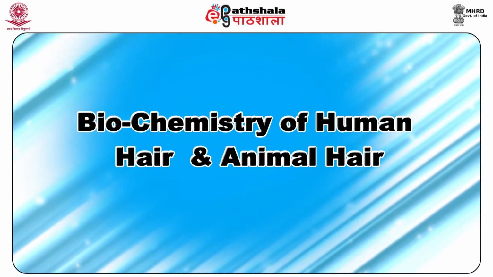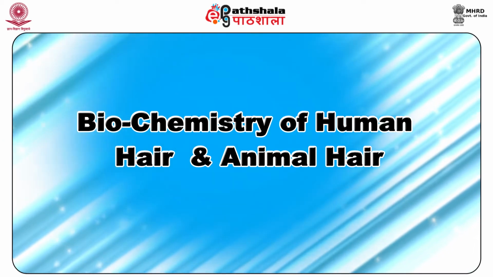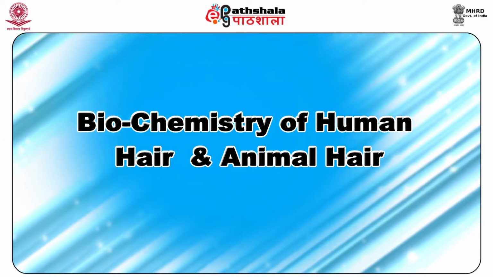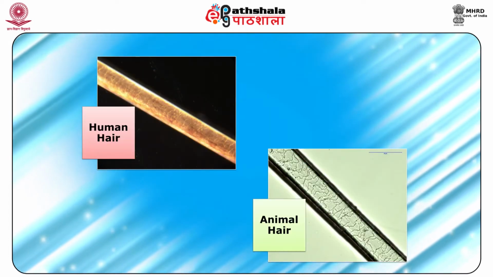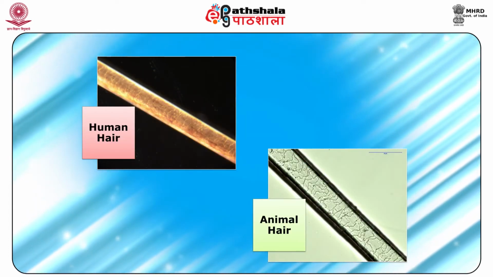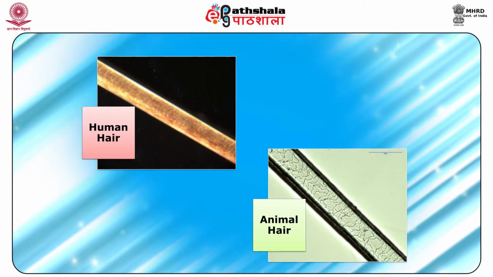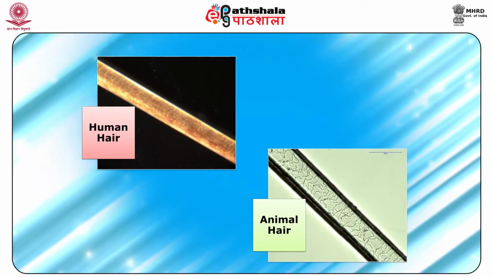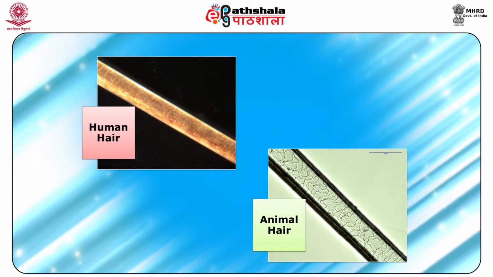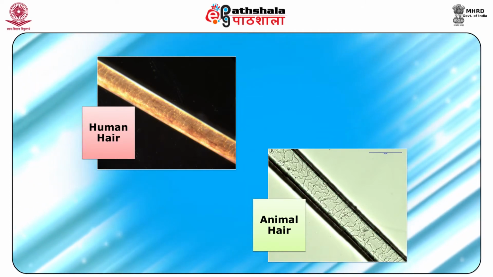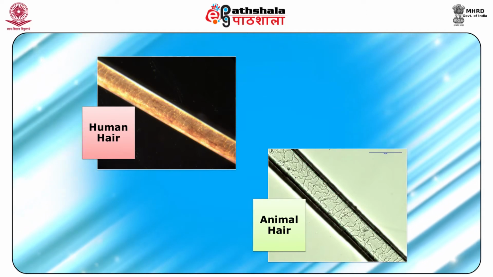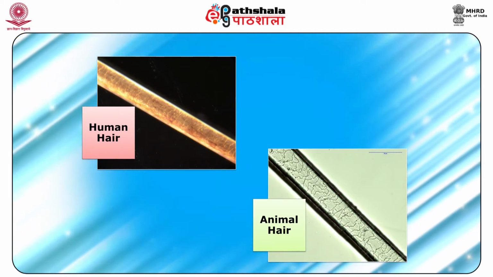Next is the biochemistry of human hair and animal hair. Biochemical composition of hair: hair is mainly composed of the protein keratin, which is also the primary component of finger and toe nails. 18 amino acids blend together to form a protein called keratin.